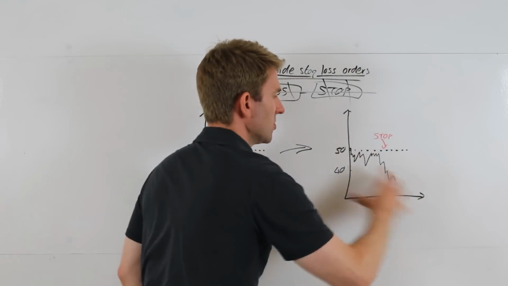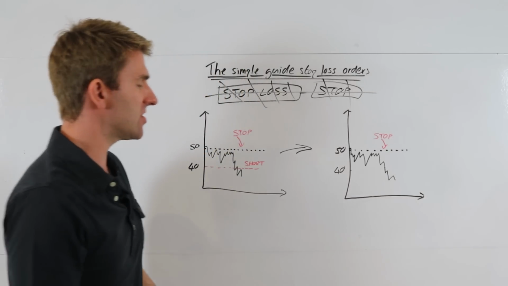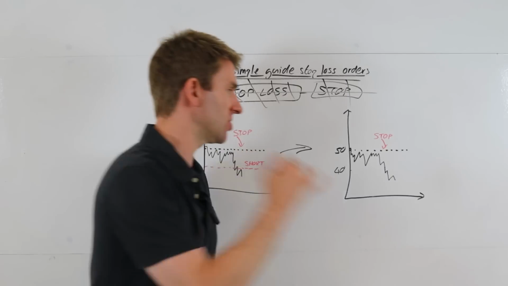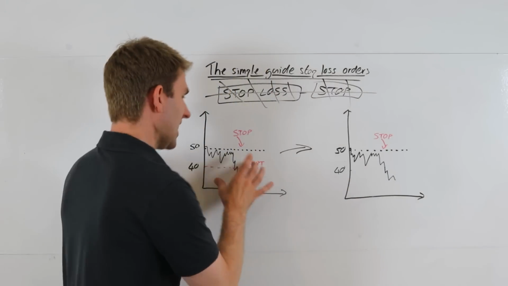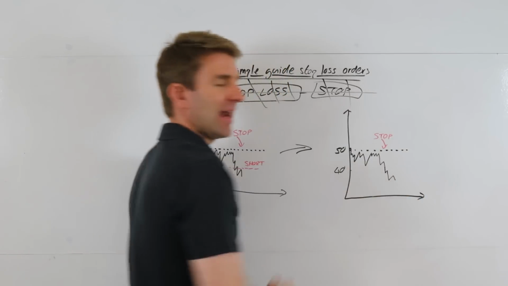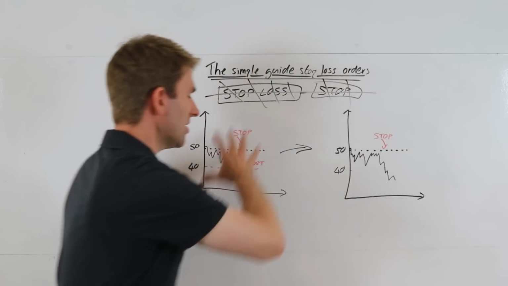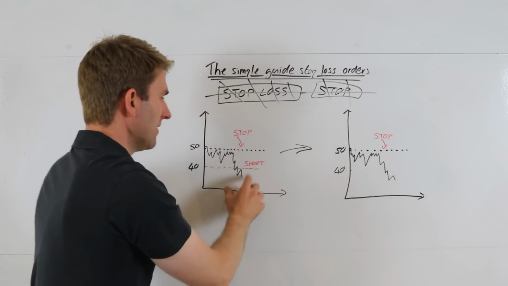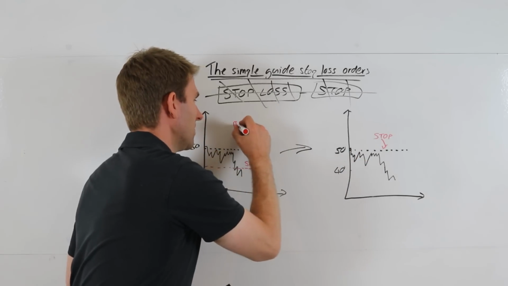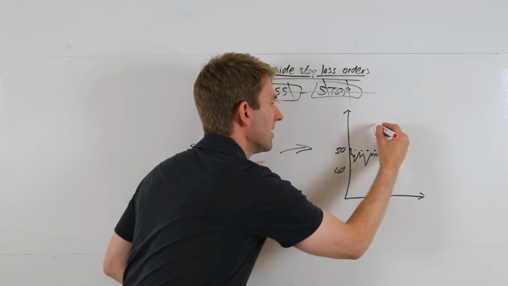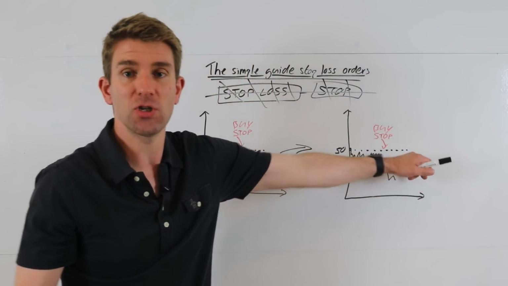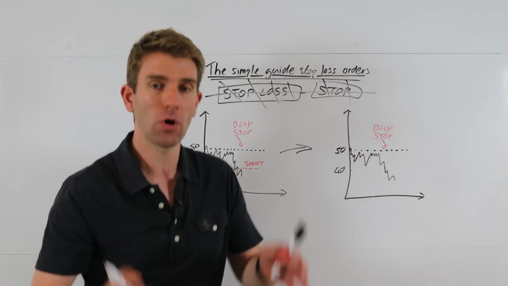Now, if we were in this scenario here, and let's say we wanted to go long on this position. It's exactly the same chart, right? If the market went up and hit that level, what would happen? Regardless of anything else, if the market comes up and hits that level and we've got a buy stop, and let's not forget it's a buy stop because we're going short, the order will be executed regardless of the position we've got already.